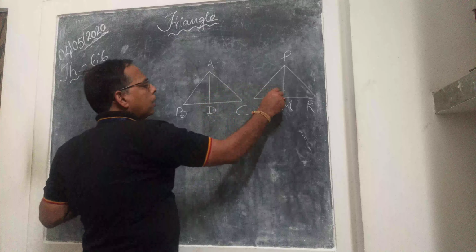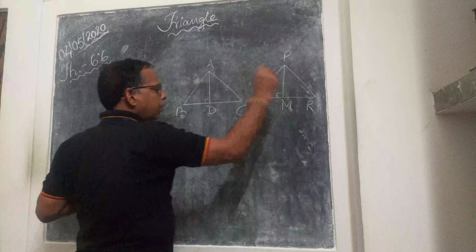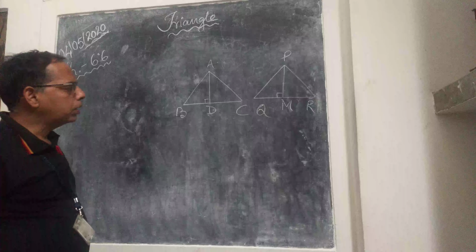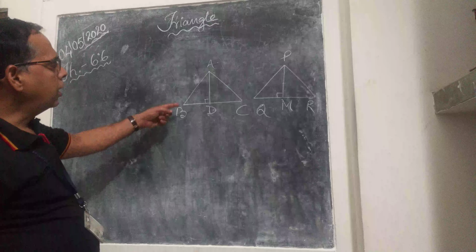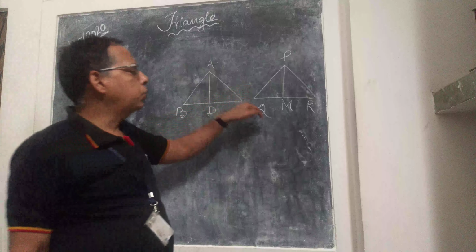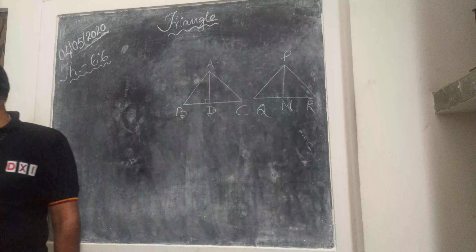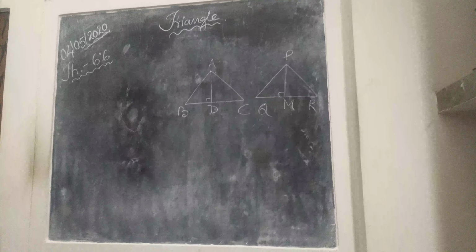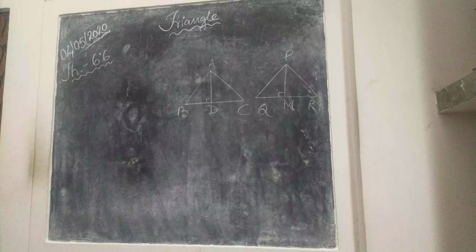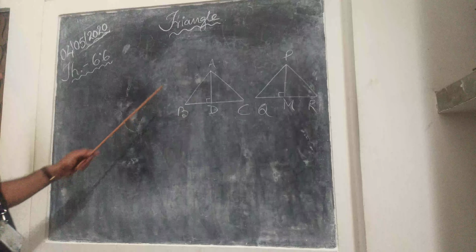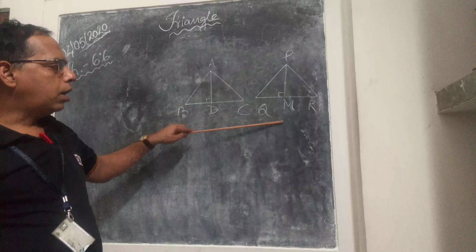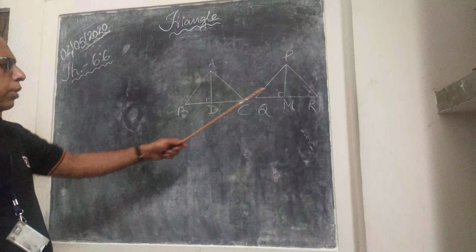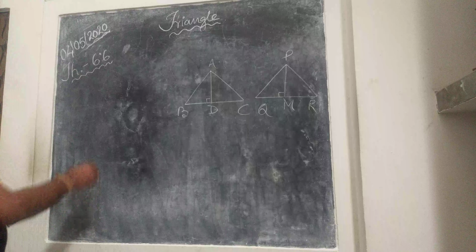Now first of all is the introduction. Let ABC and PQR be two similar triangles. If these two triangles are similar, then what can we write?